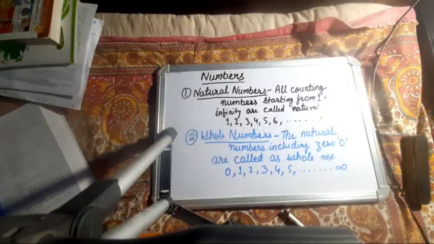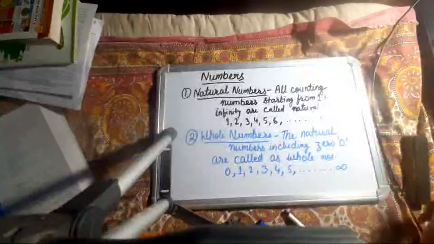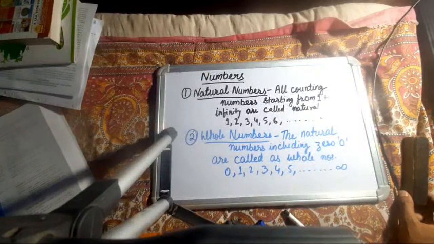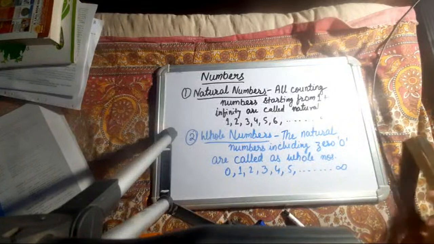So all the natural numbers including 0 are called whole numbers. These are the basic two numbers we have. If you want to copy it, you could pause and note it down.